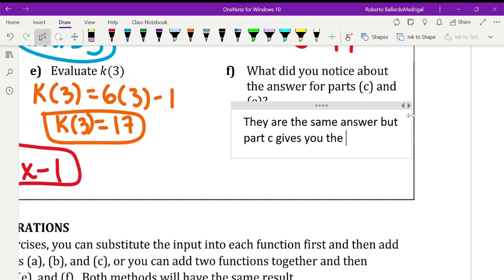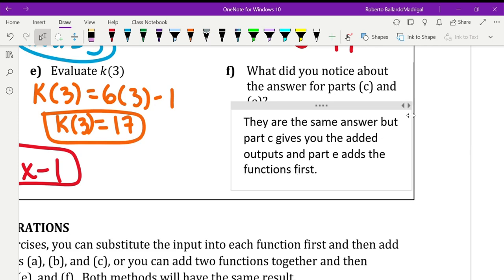Gives you the added outputs, and part E adds the functions first.